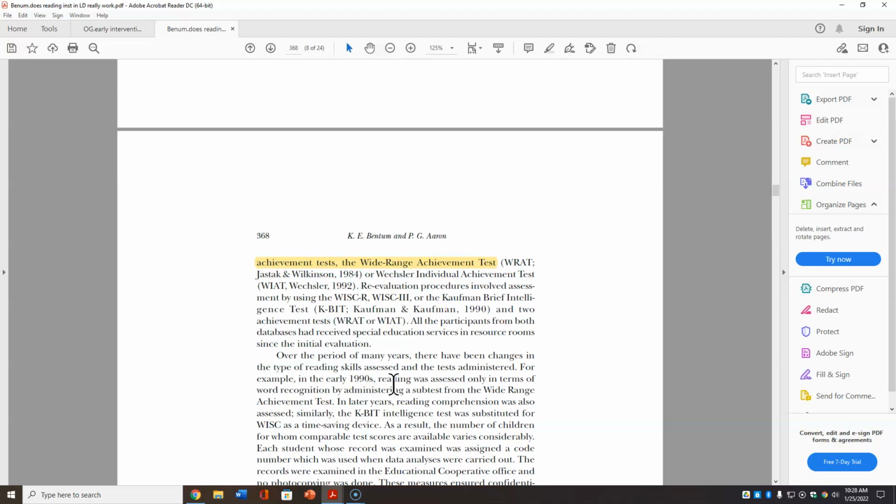A lot of for-profit companies will collect their own data and say, see, our program is research-based. Our research proves that. Well, it doesn't prove anything other than that you're trying to make money and you collected some data. Research is not research unless and until it has been subjected to blind peer review.